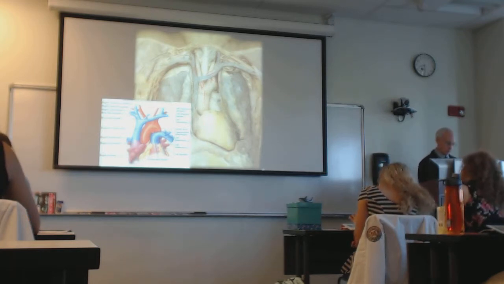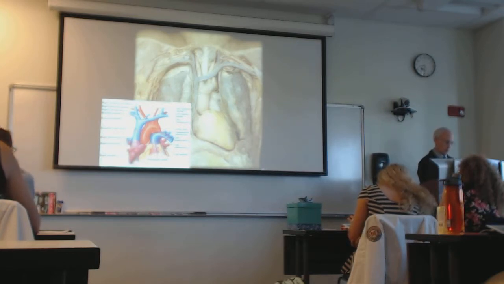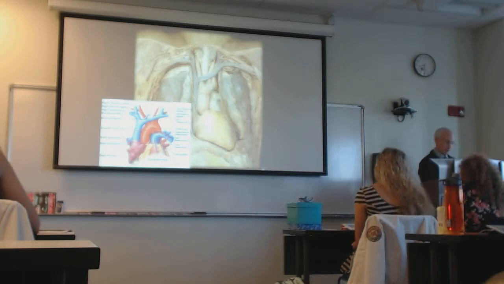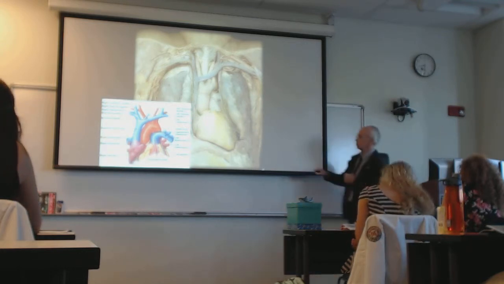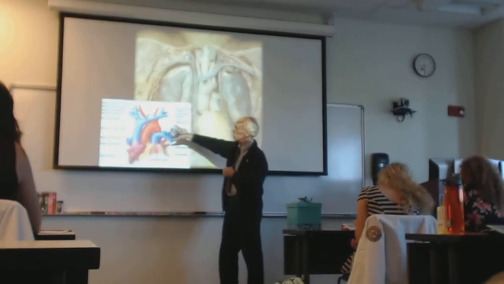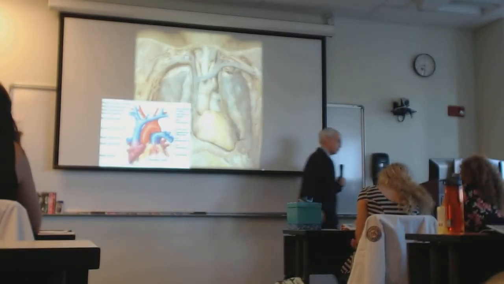And then as you look at the base of the heart here, you should be able to position, for example, the aorta and know what this structure is based upon what you're looking at down here. So what I'm suggesting is just make sure that you are able to identify these structures in terms of the key here.